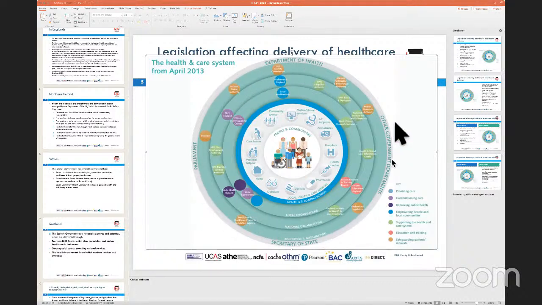Parliament, the Secretary of State, and other government departments are outside. Then the first layer through which this is delivered is what are called regulators. So you have the CQC, the Human Tissue Authority, and the MHRA, which is the authority that looks after approval of drugs and medicines, and then you have professional regulators: the Royal College of Nursing, the British Medical Association, and the HCPC.